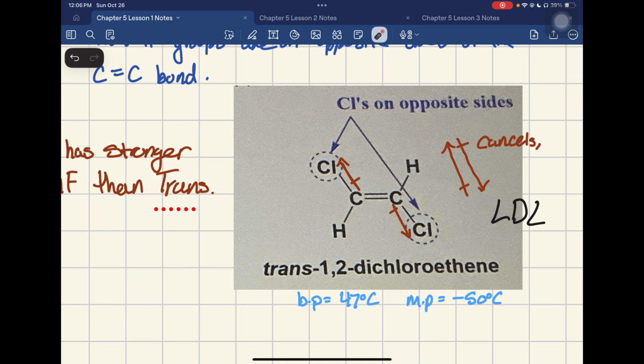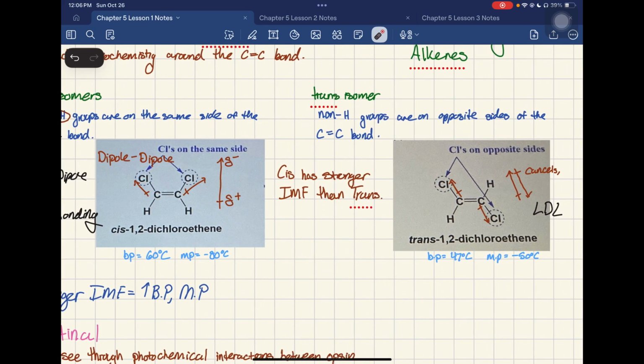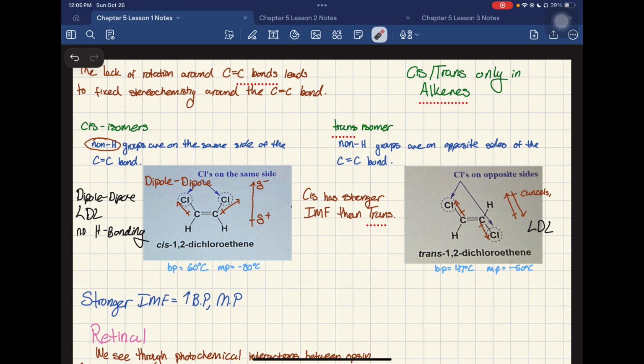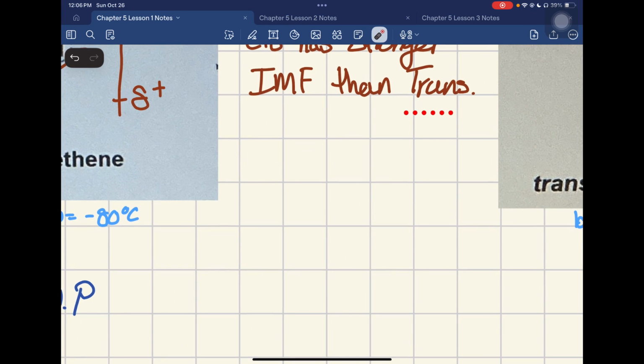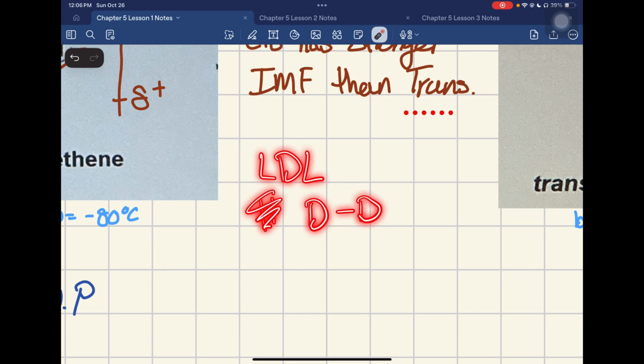There's also no hydrogen bonding because, again, we need the hydrogen bonding to an O or an N or an F. But the hydrogen is only bonding to a carbon. So there's only LDF in here. And what did we say on the previous page? Bonding strength goes from lowest, LDF, to dipole, to H bonding.